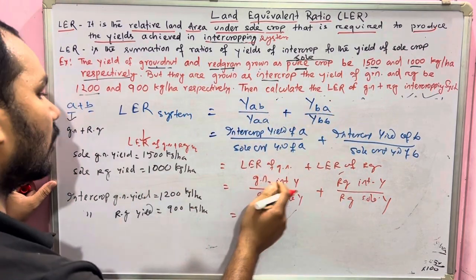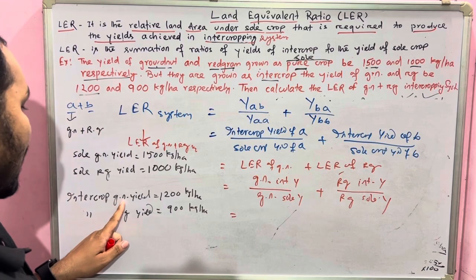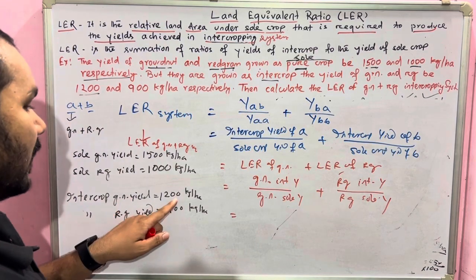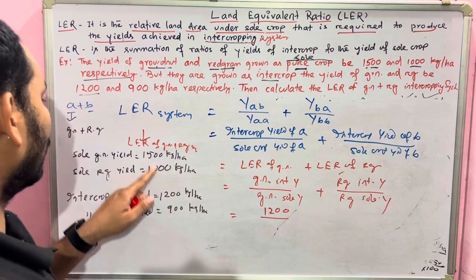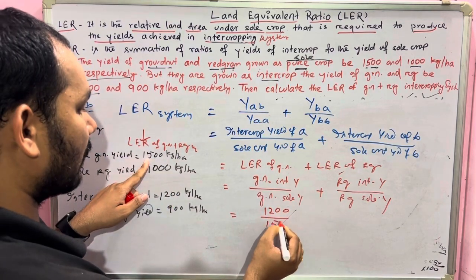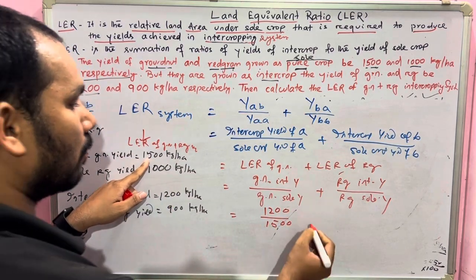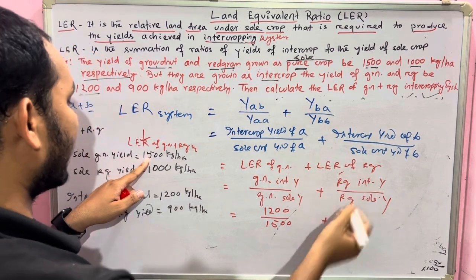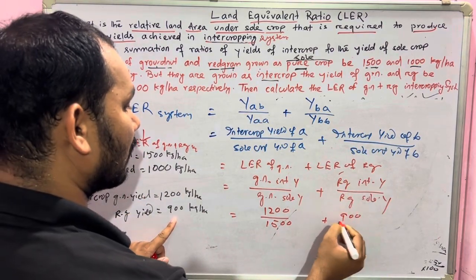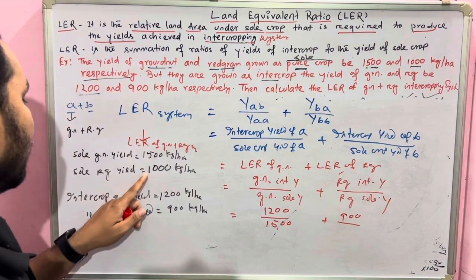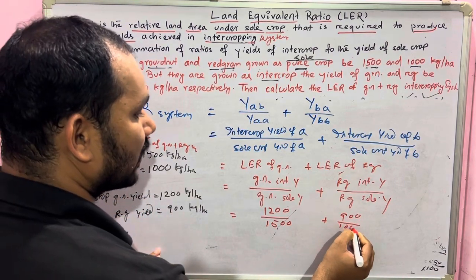So what is the groundnut intercrop yield? It is 1200 divided by groundnut sole crop 1500. Plus, red gram intercrop is 900 divided by red gram sole crop, which is 1000.